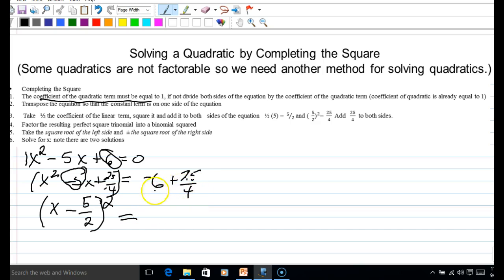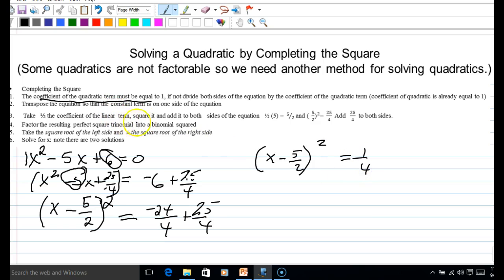Now you add these two terms together. Minus 6 would be the same as minus 24/4, finding a common denominator. And that gives you x minus 5/2 quantity squared is equal to 1/4.